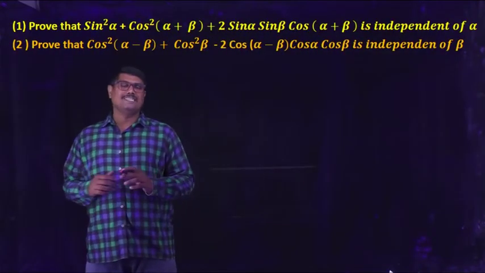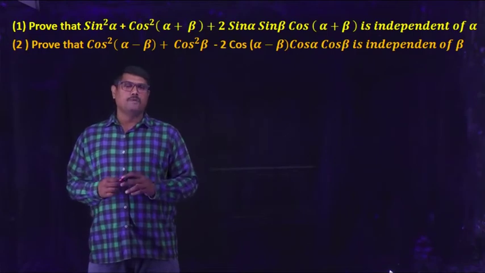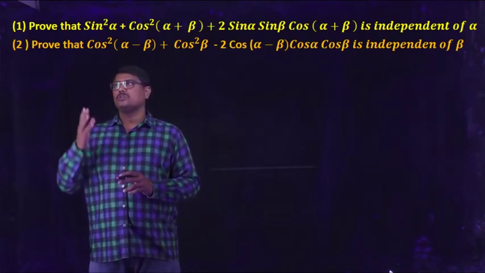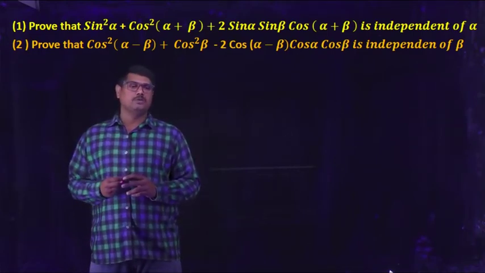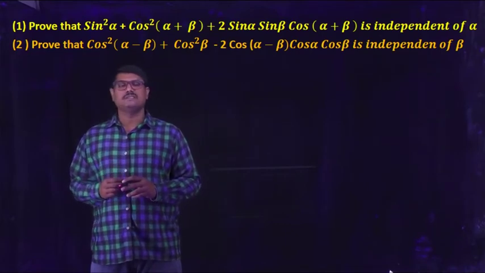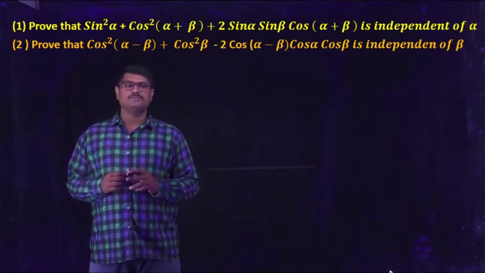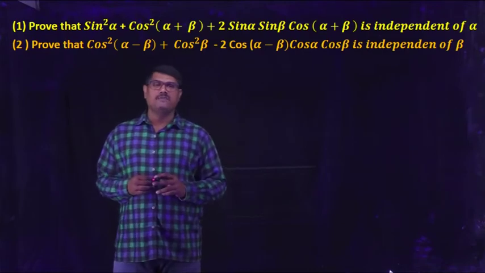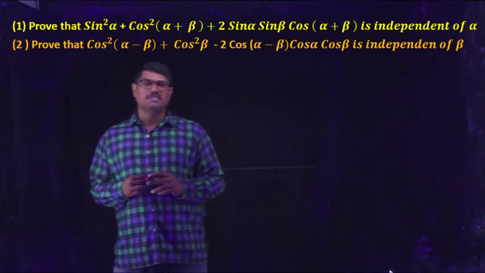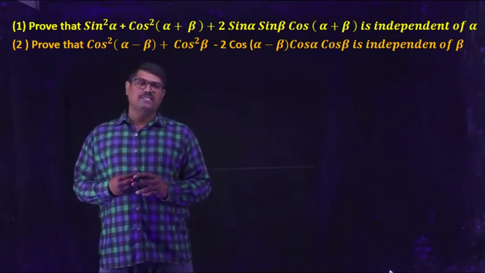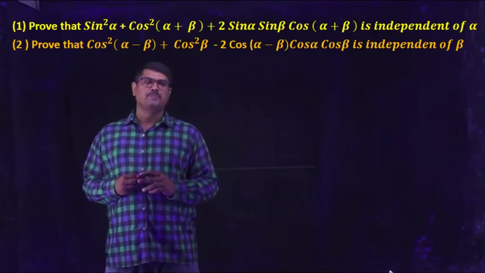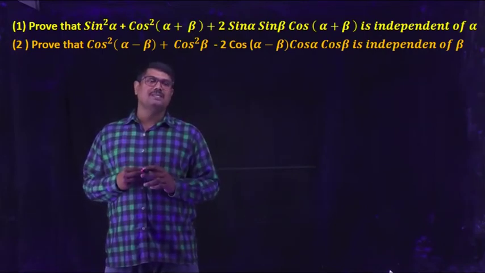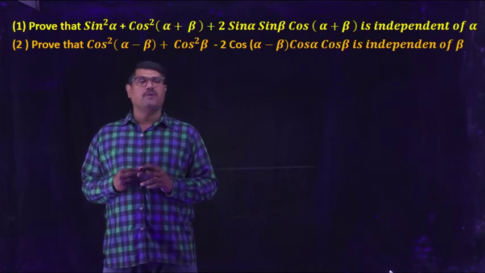Now let us observe one more problem. So here you have two problems on your screen, both similar questions. The first question is sin square alpha plus cos square of alpha plus beta plus 2 sin alpha sin beta into cos of alpha plus beta. We prove that the expression value is independent of alpha.